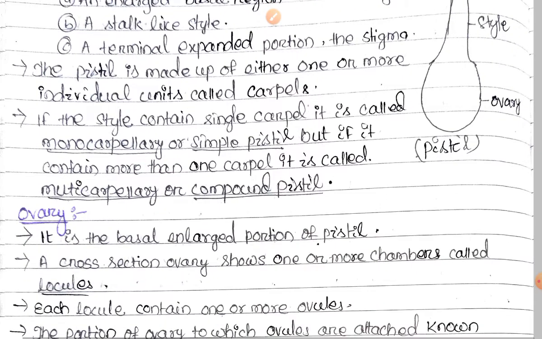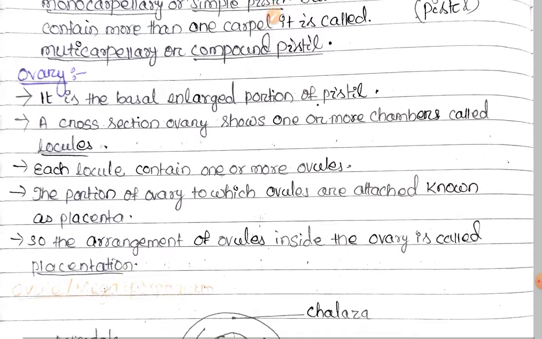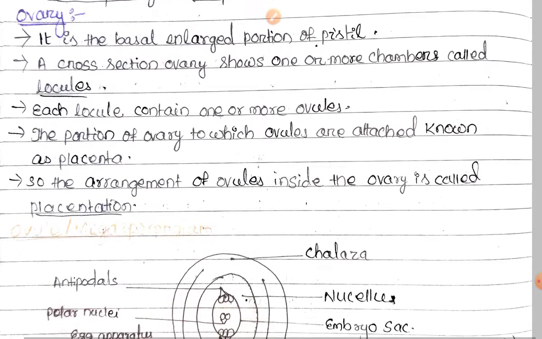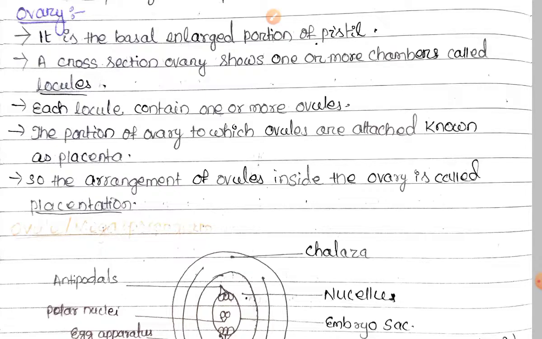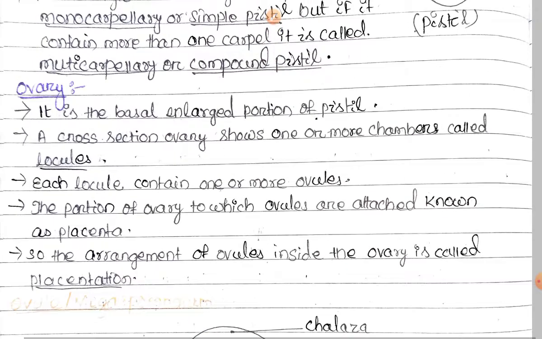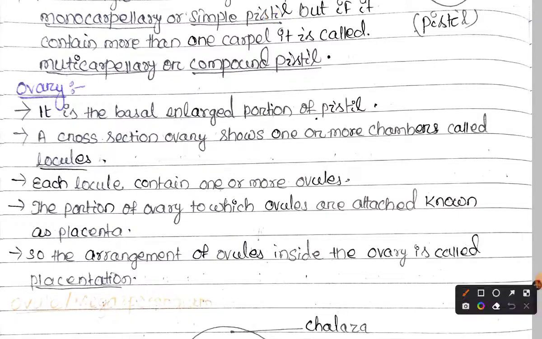Next comes the ovary. It is very simple. The actual part of the pistil where reproductive activity takes place is known as ovary. It is the basal enlarged portion of the pistil.